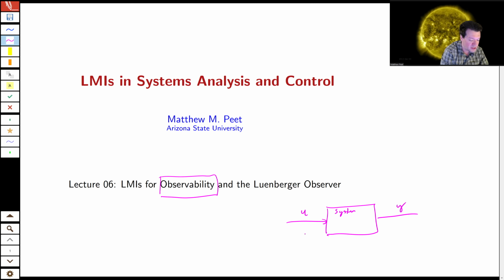Specifically, it told us what the effect of this input was on the state, right? So how we defined an explicit solution from the input to the state.